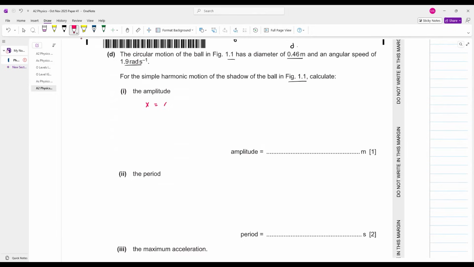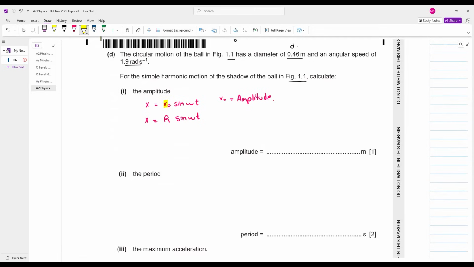We know x is equal to x naught sine wt is your general equation of simple harmonic motion, in which x naught is your amplitude. What is the equation of x that you have calculated? x is equal to r sine wt.